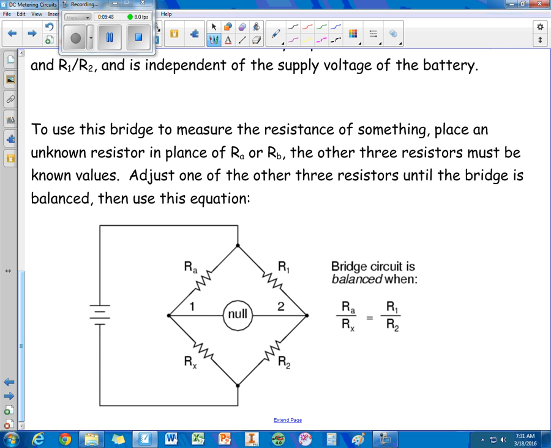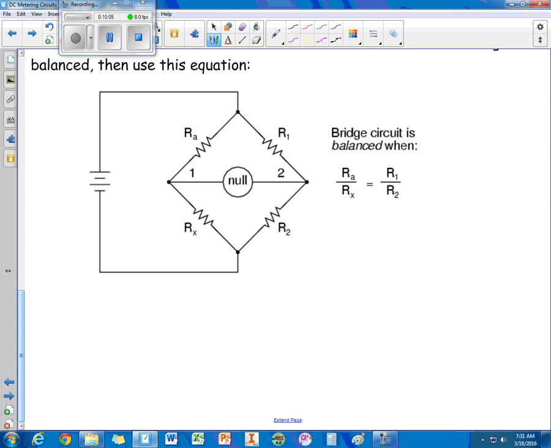I've got special boxes with a dial, and when you adjust the dial, it changes the resistance of the box. You would adjust that resistor until the voltage between points 1 and 2 is 0. When that happens, we can use this proportion to figure out what the resistance of the unknown thing is.